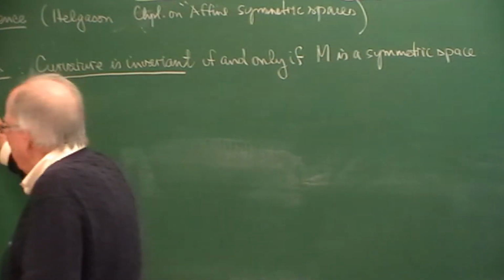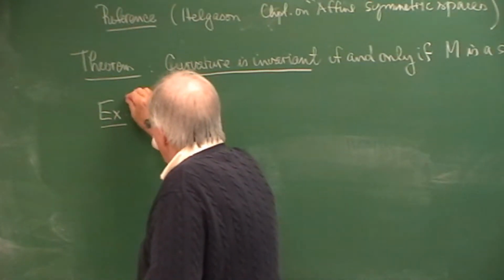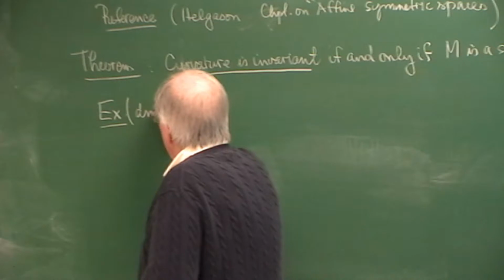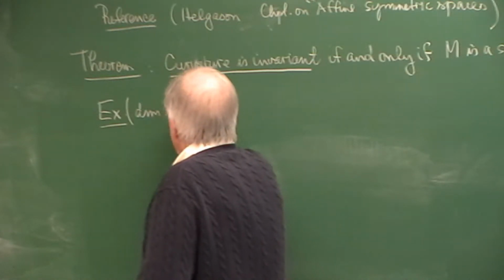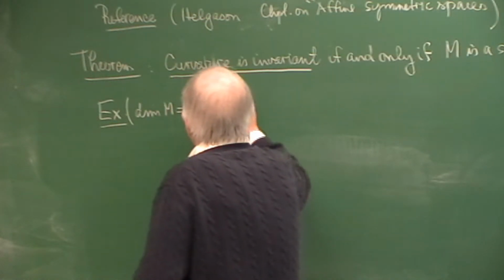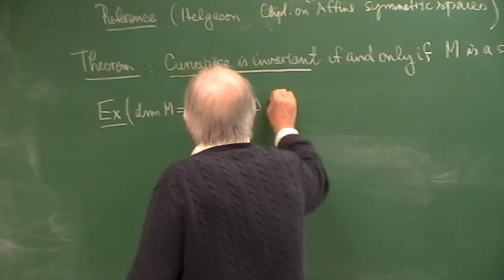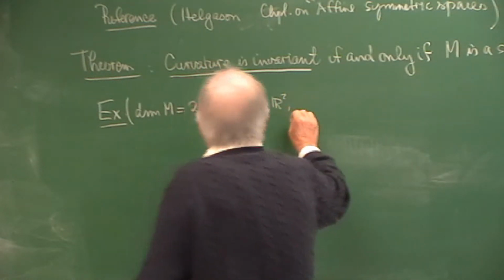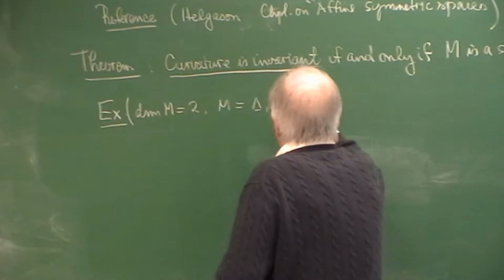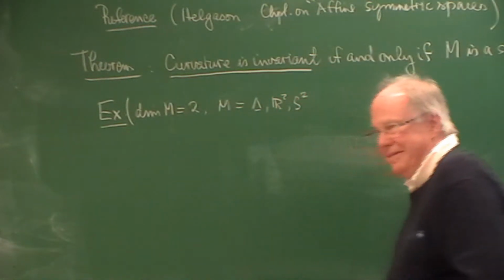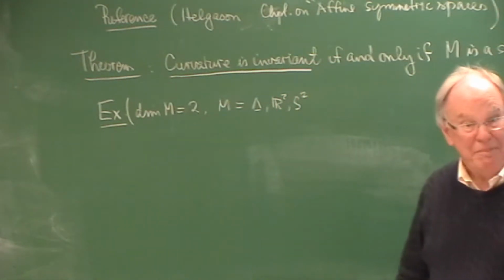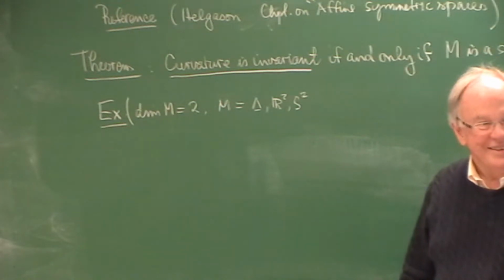So the examples, I'll write them on the board again. I wrote them maybe yesterday or this morning, I can't remember. Example: in dimension of M equals 2, then M is either equal to the disk, the plane, or the sphere. Not bad, right?